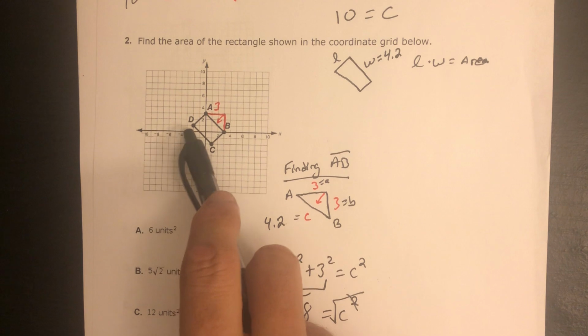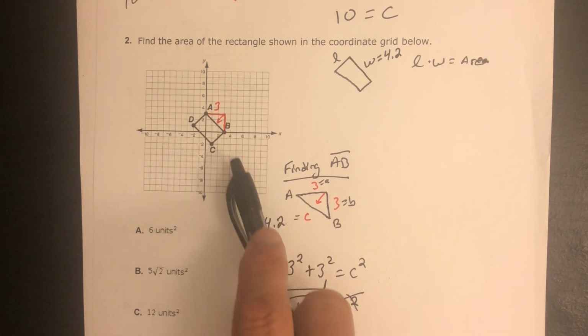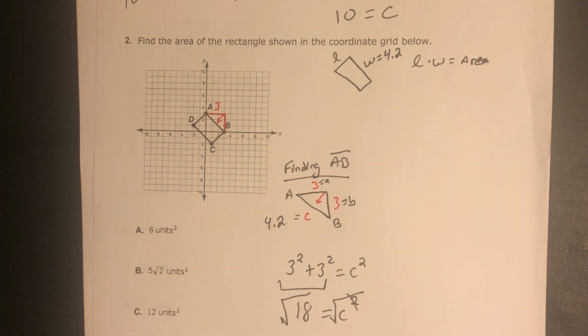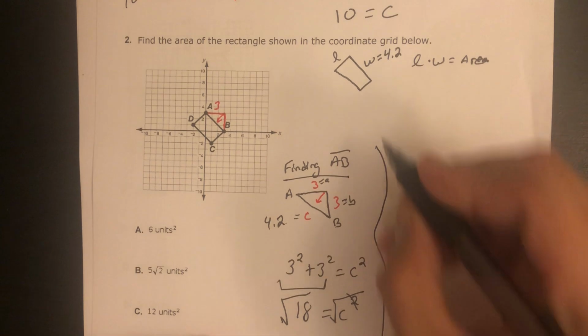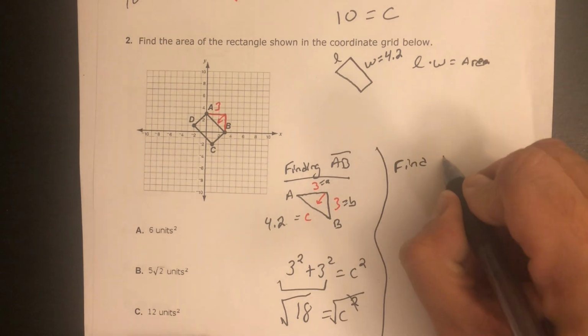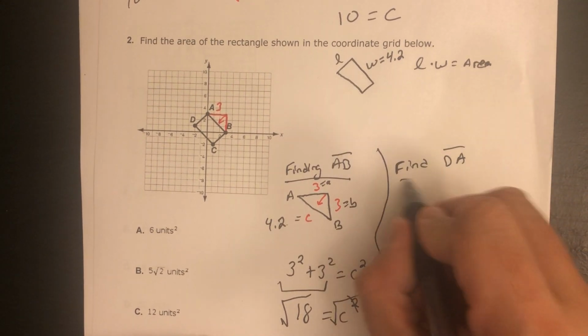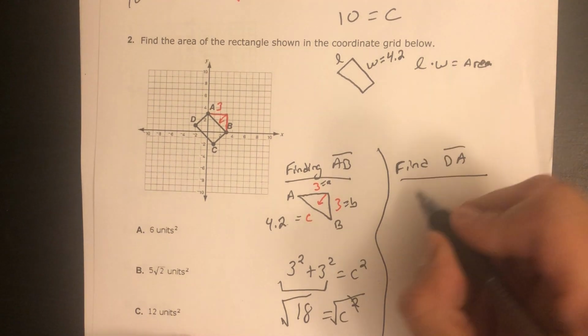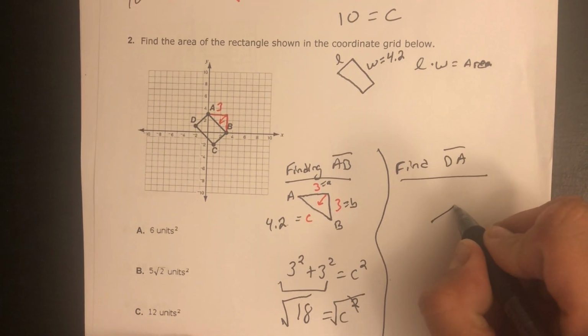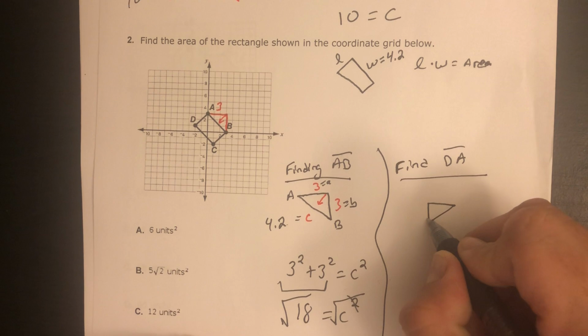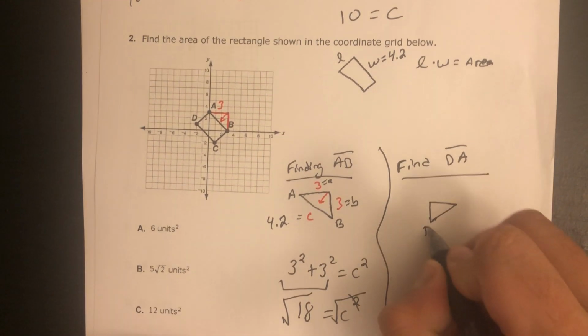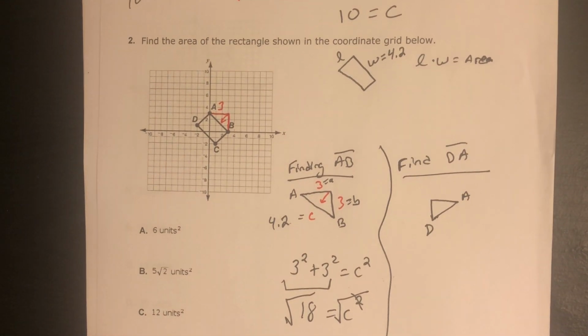You can choose either DA or CB. It really doesn't matter because they should be the same length. So I'm just going to do DA, and I'm basically going to do the same thing. So let's find DA. This is what the triangle should look like.